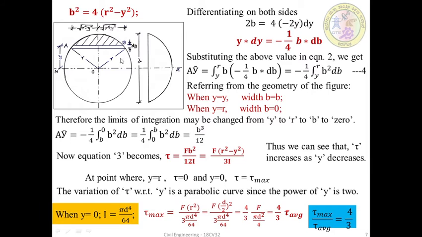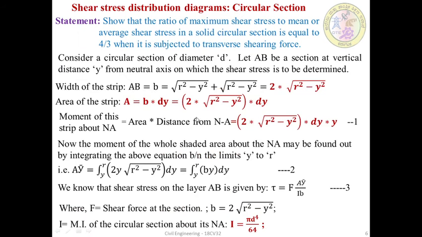If you want to find the moment of this whole area about the neutral axis, we have to integrate the above equation between the limits 0 to r, where r is nothing but the radius, so 0 to d by 2, both are the same. So A into y bar is the integral from y to r of 2y into this one. We will take this as equation number 2.